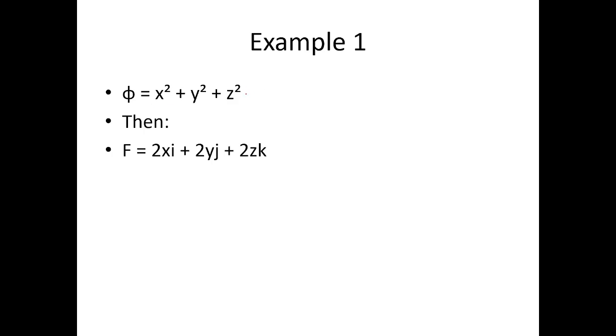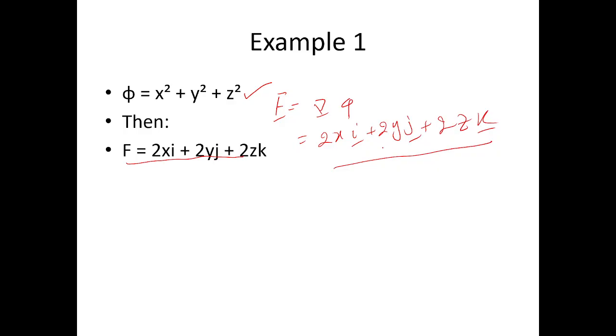So we have a quick example. If phi is this, then F should be this one, because F is the gradient of phi. So the gradient of phi: differentiating this with respect to x in the i direction, then y in the j direction, and then z in the k direction. So this is the gradient of phi.